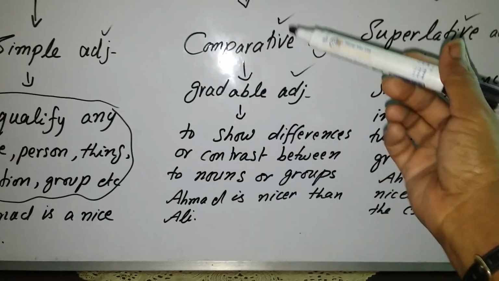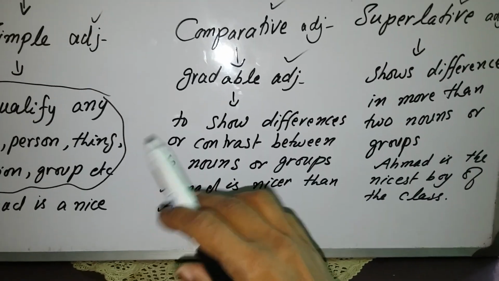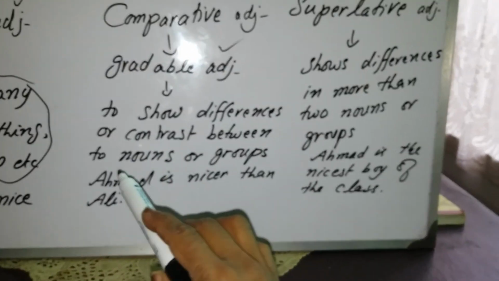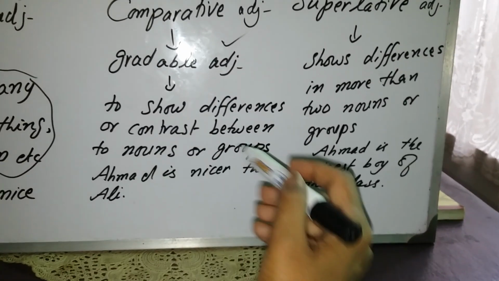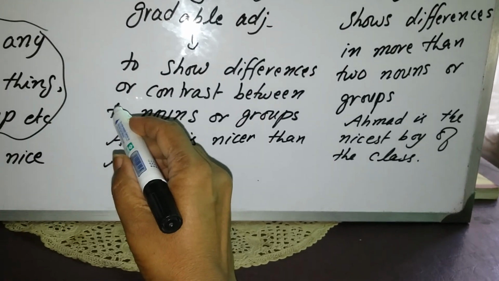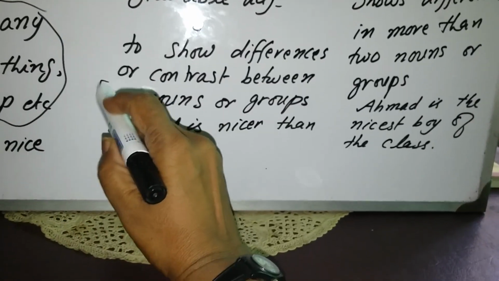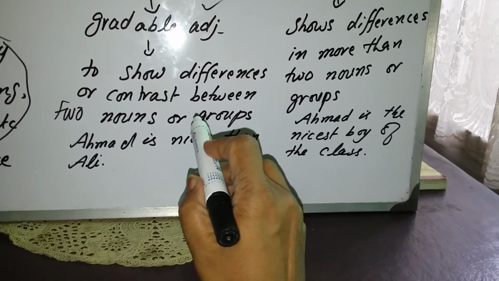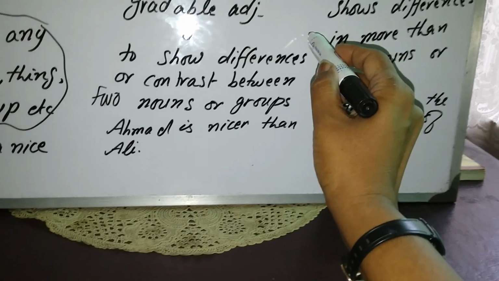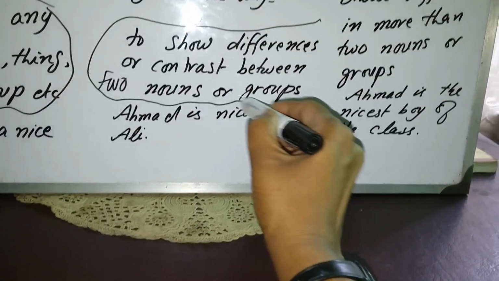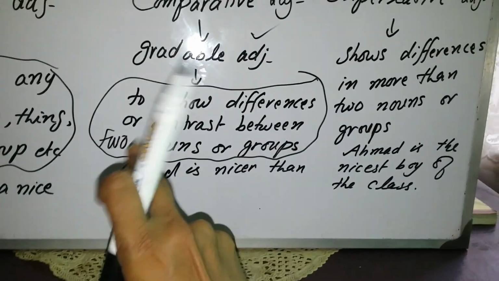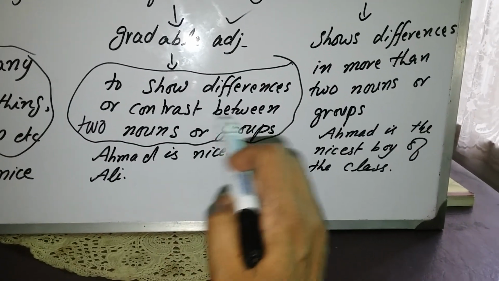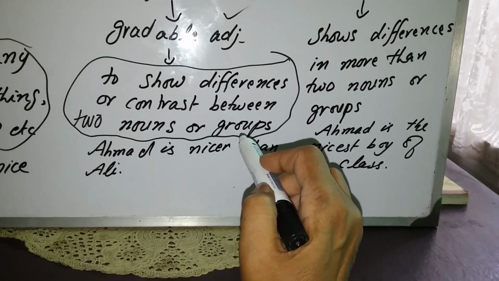But when we use adjectives to show differences or contrast between two nouns or groups, then we will use comparative or gradable adjectives. When we use gradable or comparative adjectives, we show differences or contrast between two nouns or groups.